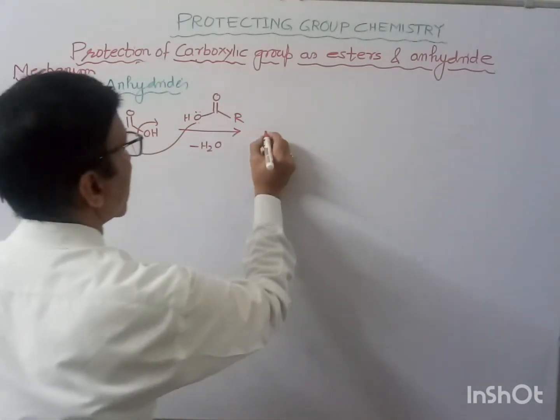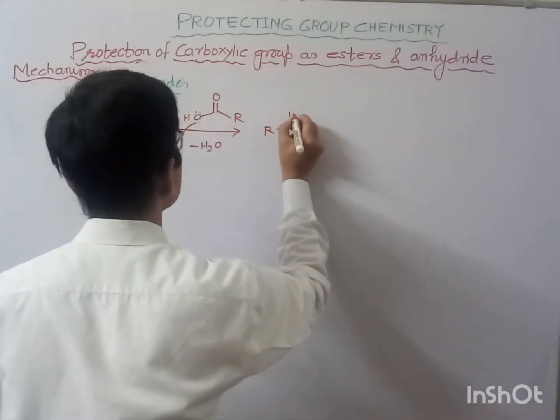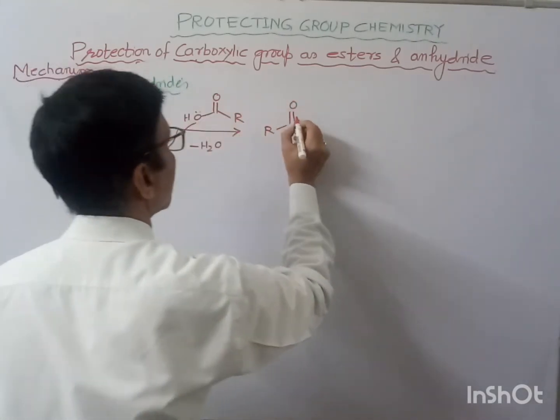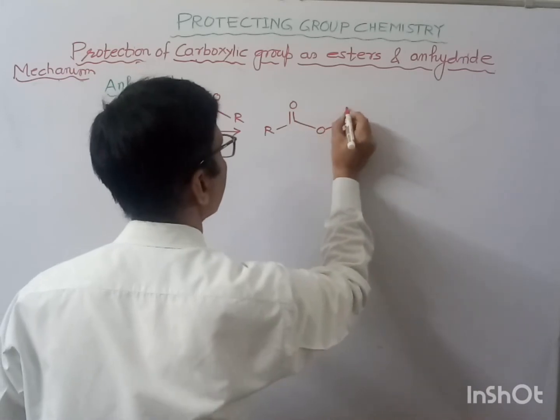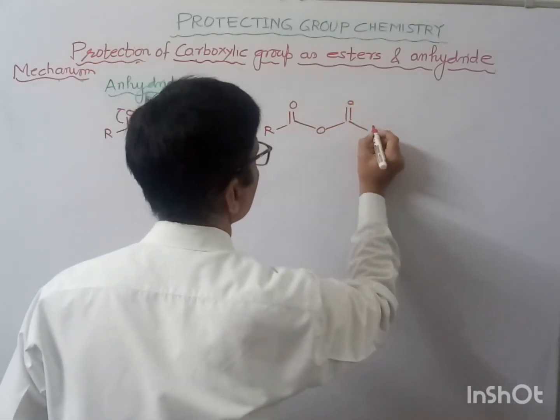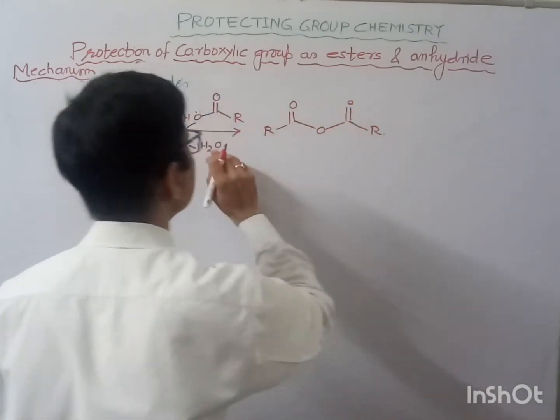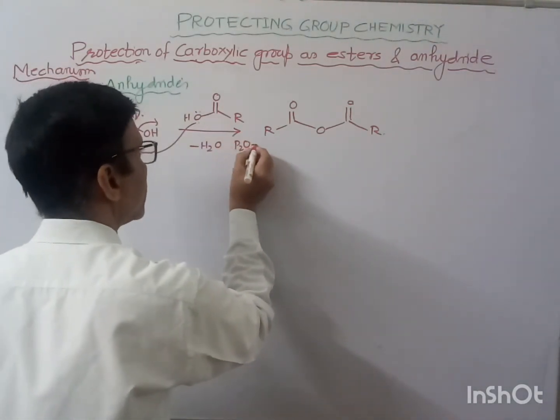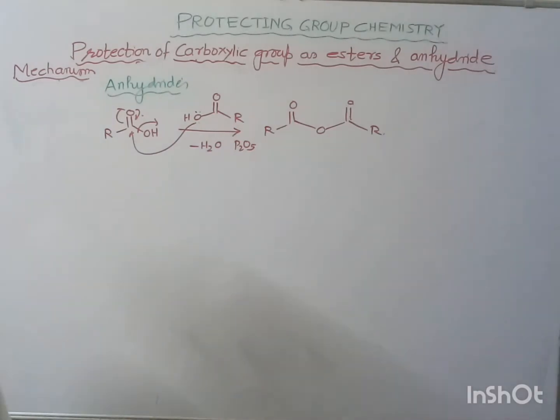And what we will get? We will get the anhydride. The H2O which is removed can be taken out by the dehydrating agent, that is P2O5.